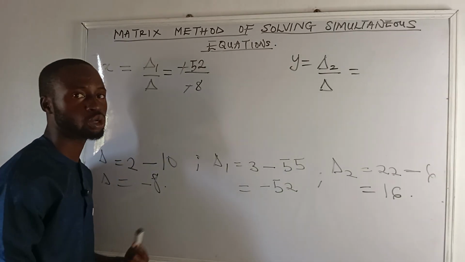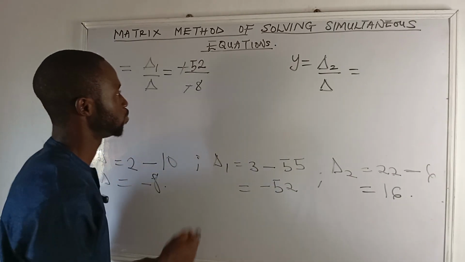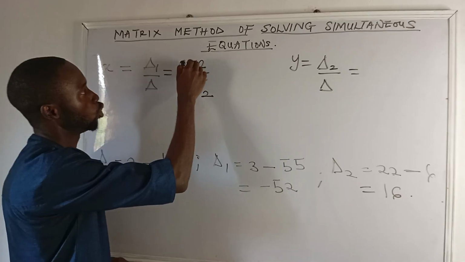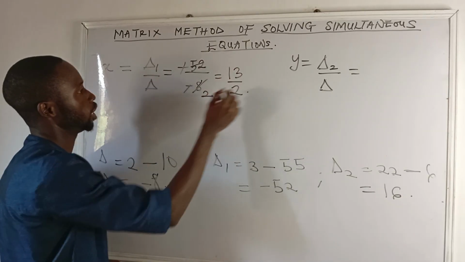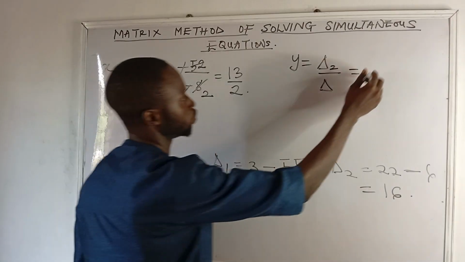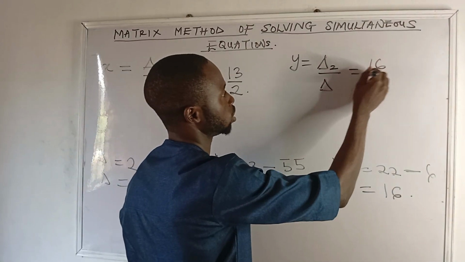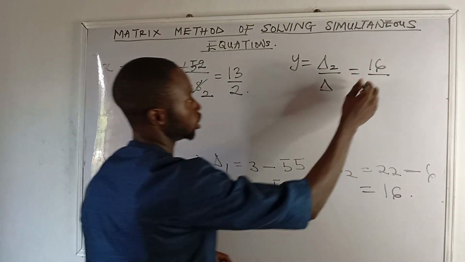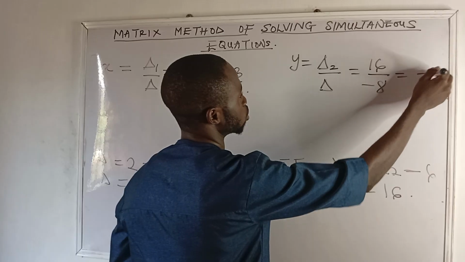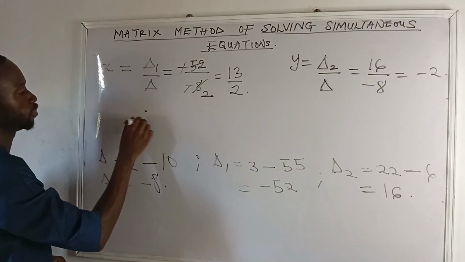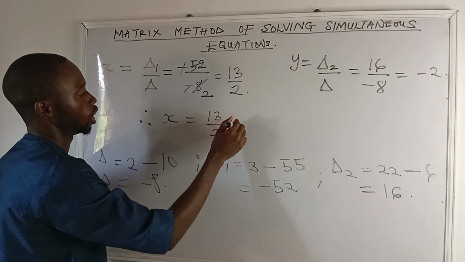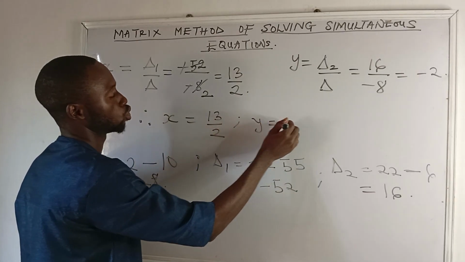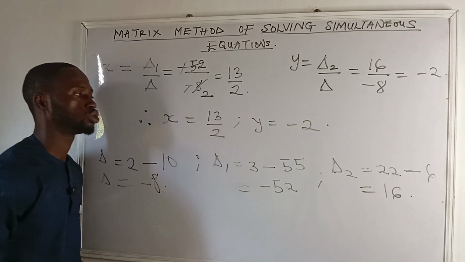So from the look of things, first you'll be able to divide 52. 4 here is 2, 4 here is 1, then put 1 here, that's 13. So x is 13 over 2. Let's check for y. Our delta 2 is 16, our delta is minus 8. So the answer here is what? Minus 2. So therefore, x equals 13 over 2 and y equals minus 2.